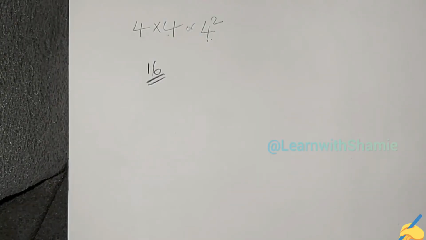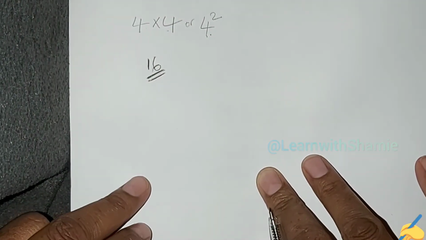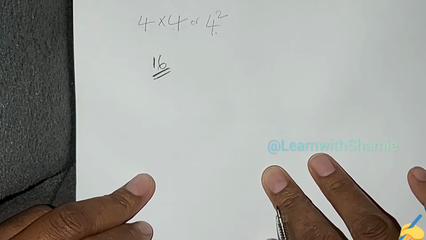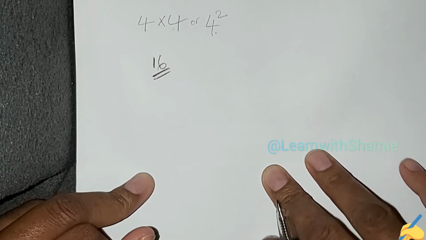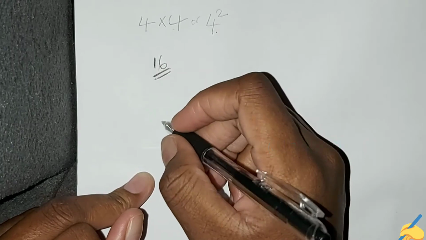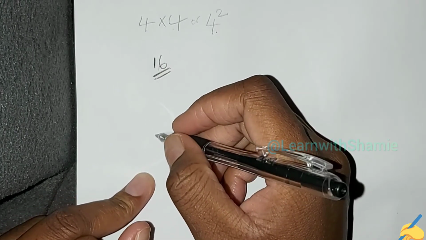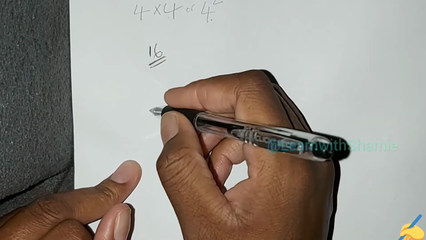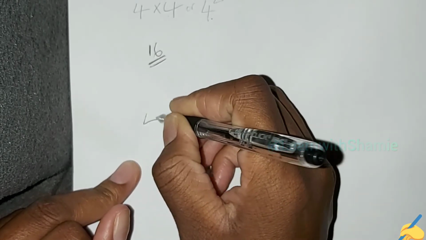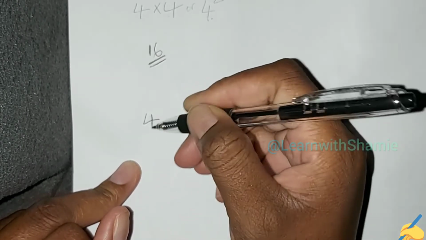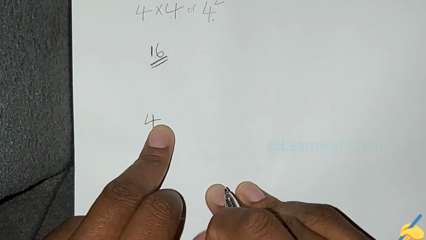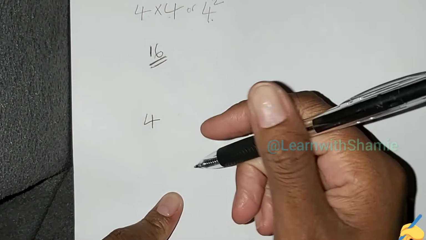On the other hand, the square root of a number is defined as the number which when multiplied by itself gives the original number. For example, we want to find the square root of 4. Which number can be multiplied by itself to give 4?